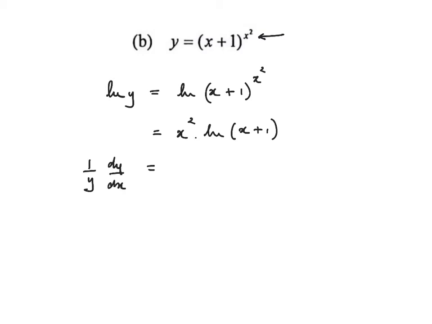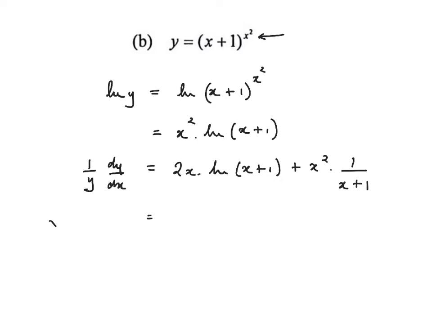Now this is a product on the right hand side, so I'm going to differentiate the first and leave the second, and then leave the first and differentiate the second. There's not an awful lot I can do to tidy up the right hand side.